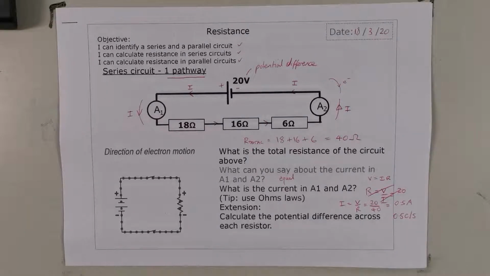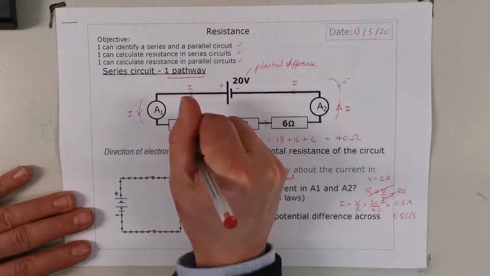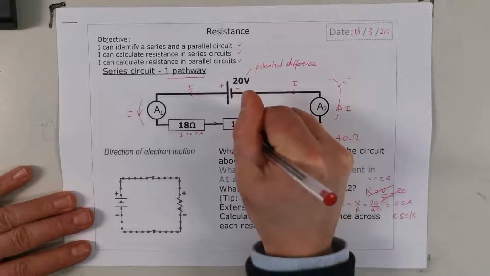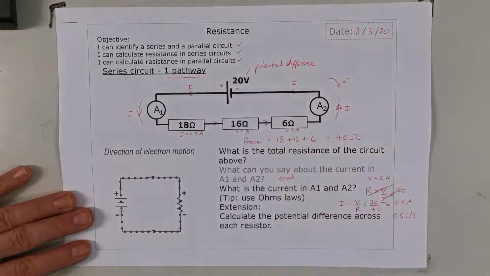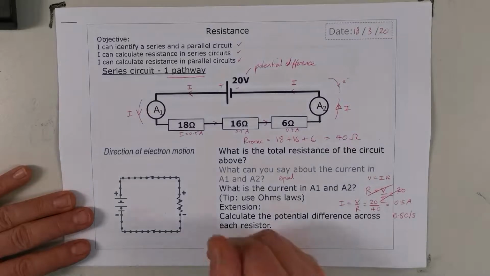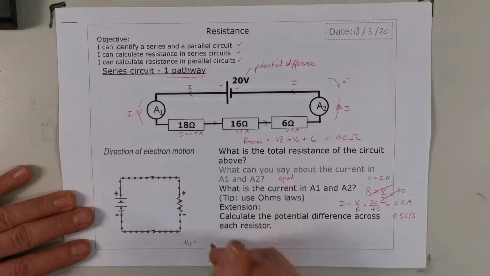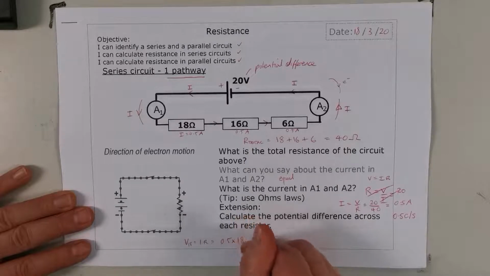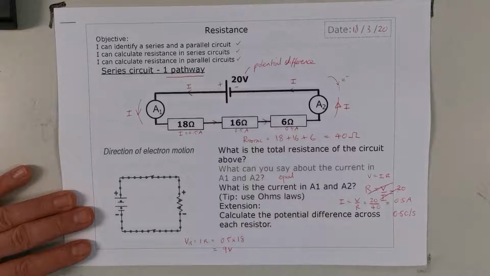Calculate the potential difference of each resistor. Well, every single resistor has a current of 0.5 amps. So let's do V equals IR for the resistors. For the 18 ohm resistor, V equals IR, which is 0.5 times 18, which is 9 volts.